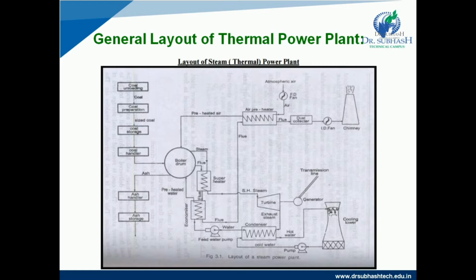The ash produced after the combustion of the coal is taken out of the boiler furnace and then properly disposed of. Periodic removal of the ash from the boiler furnace is a requirement of the thermal power plant and is necessary for proper combustion. If we do not dispose of the ash from the boiler, then there will be some error in the combustion after some period.